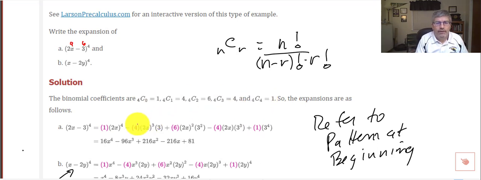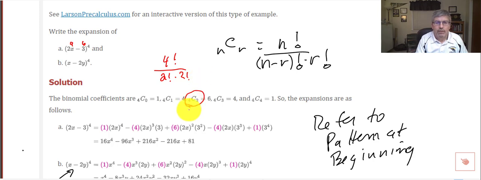And our second coefficient is going to be our exponent, so that's going to be 4, and our second last coefficient is 4. And the only thing we really need to figure out then is the next one, this 4 choose 2. So putting that into our formula, we have 4 factorial over 2 factorial times 2 factorial.